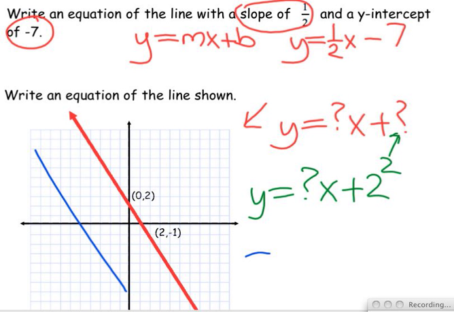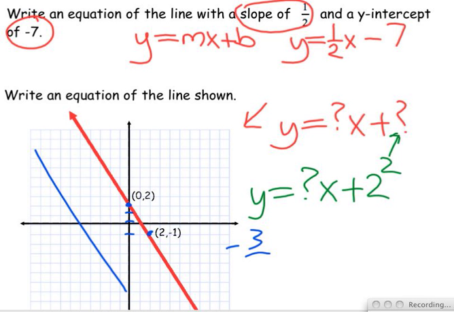So all we do is we count. We're going down 1, 2, 3. So 3 is going to be, remember it's negative, the rise, and then we're going over 1, 2. So we're going over 2.